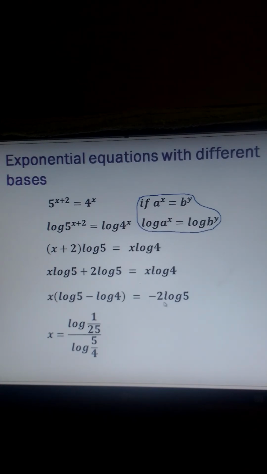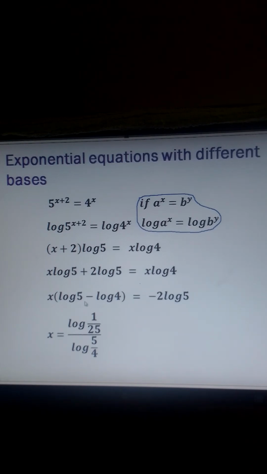How can you write minus 2 log 5? You do it this way. This is log 5 raised to minus 2. Alright, 5 raised to minus 2, so it is the log of 25 raised to minus 1 here, which is the same as the log of 1 over 25.